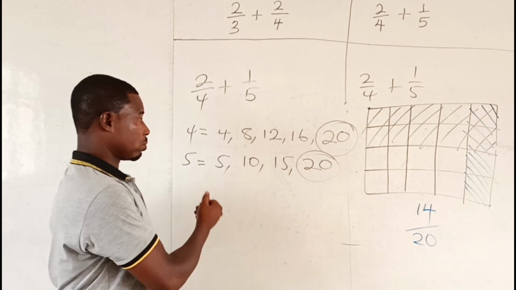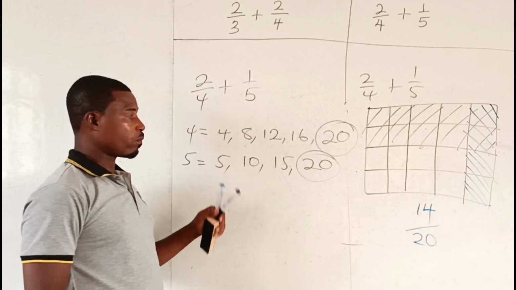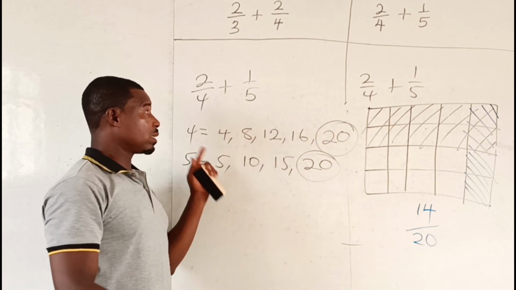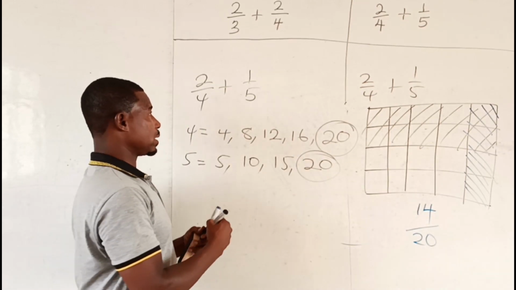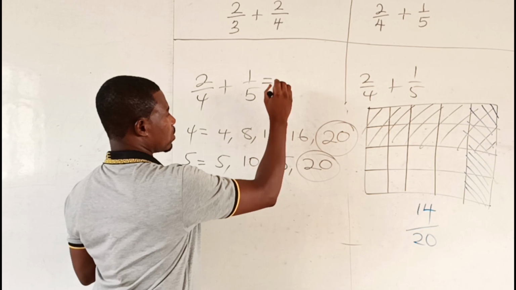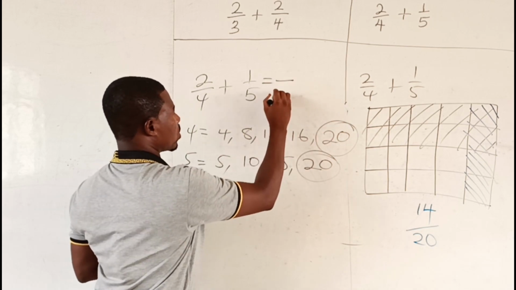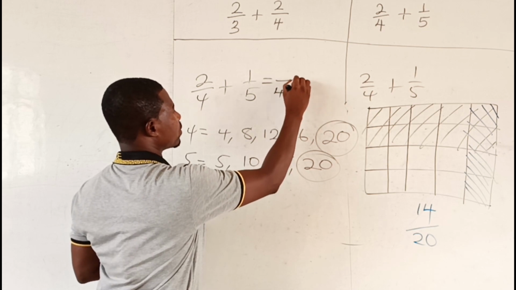So now let's find out. How many steps shall we take in order to get to 20 when we are talking about 4? So we have 1, 2, 3, 4, 5. It means that we have to multiply 4 by 5 in order to get 20. So when we do that, this one is already giving us 4 times 5.